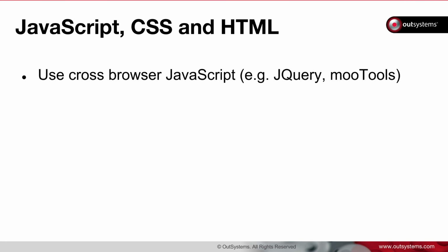Use cross-browser JavaScript. Now, browsers are moving towards normalization. The World Wide Web Consortium, W3C, publishes standards that define how the language should look, act, and behave, how its standard library should act and behave, and how the DOM, the Document Object Model, should act and behave.